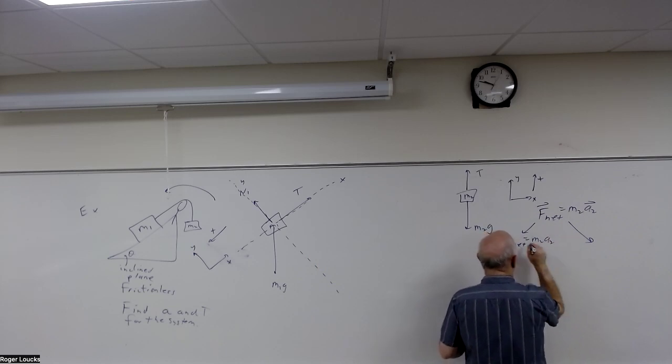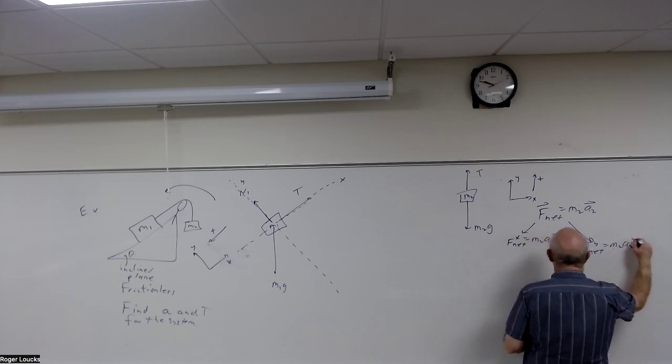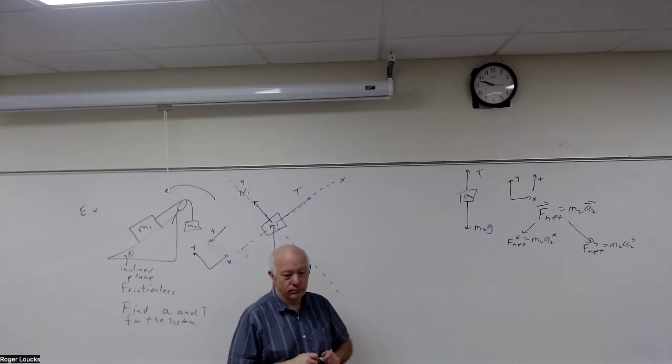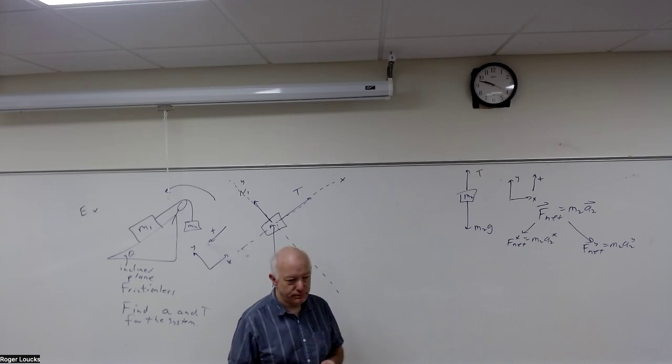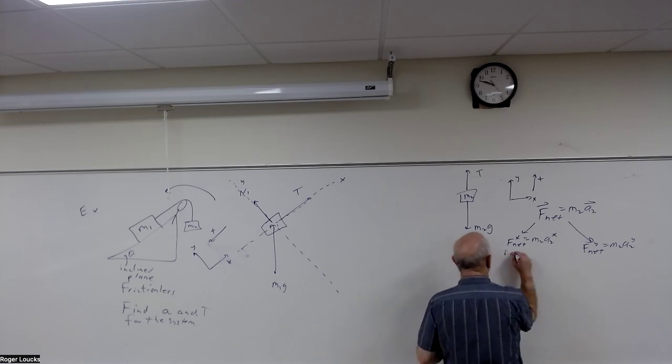Guess I should have had my X's set first. What am I going to do with X? Ignore it. How come? Because there are no forces in the X direction. So let's ignore this.